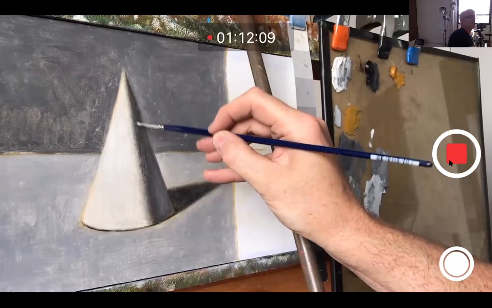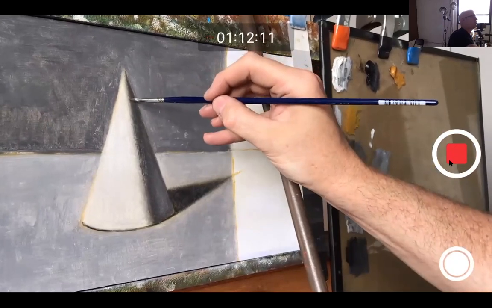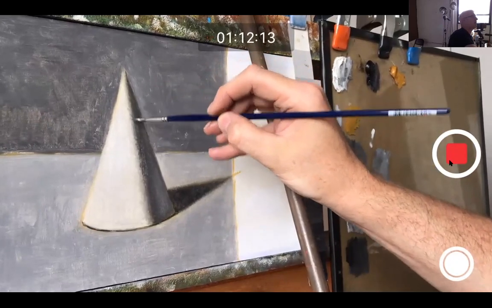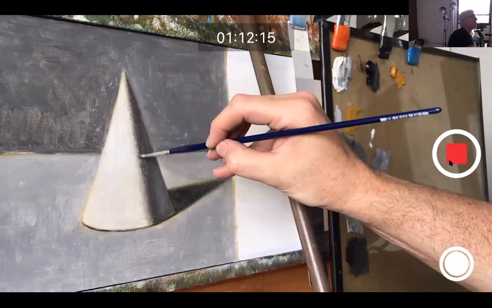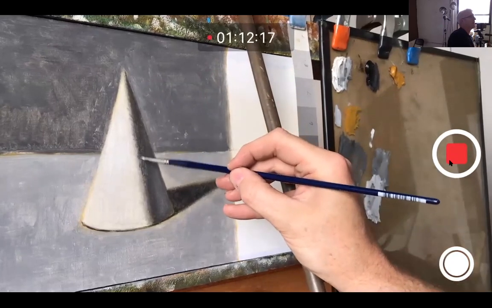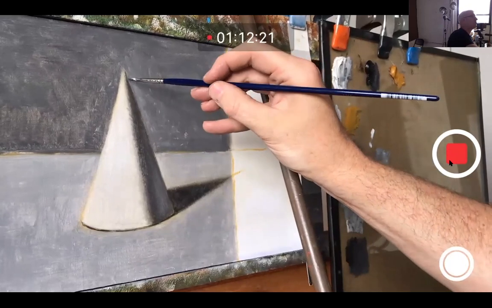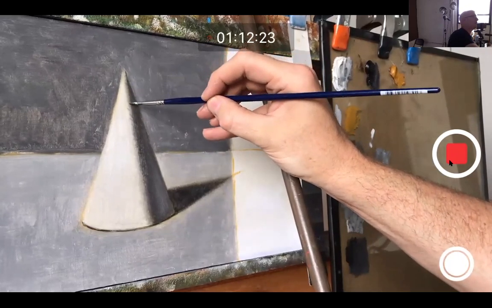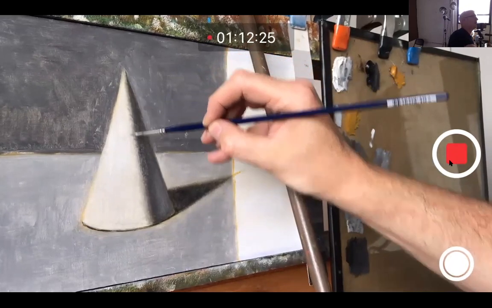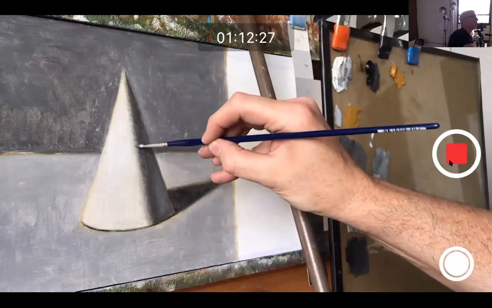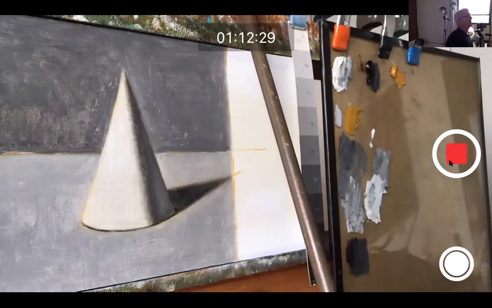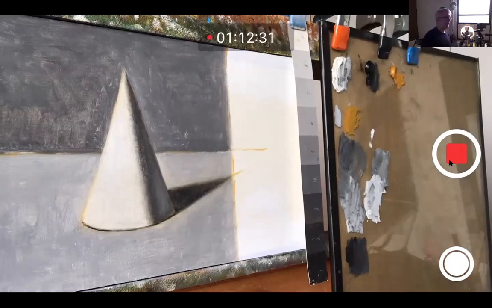So in this case, I'm trying to slowly arrive at a depiction of the way the shadow softens into the light and communicates the exact rate of turn of this cone. And I would need to continue to work on this.